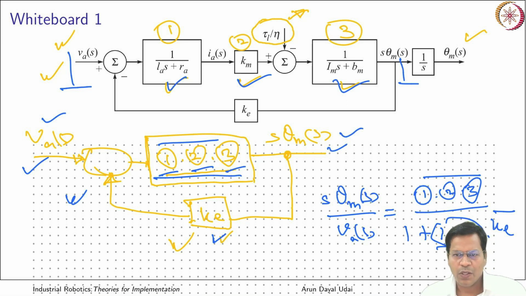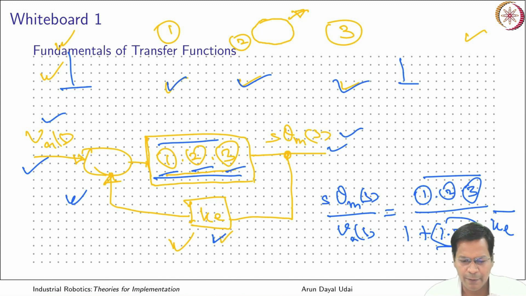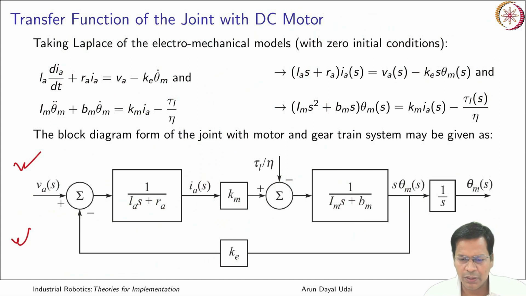Now again, you see what all equations I want to put here. Let me just come back to the previous slide. Okay, so this is what was there. Just see if it is correct or not. First let us try and get to this block diagram. So the first equation, where is it located in the transfer function system?